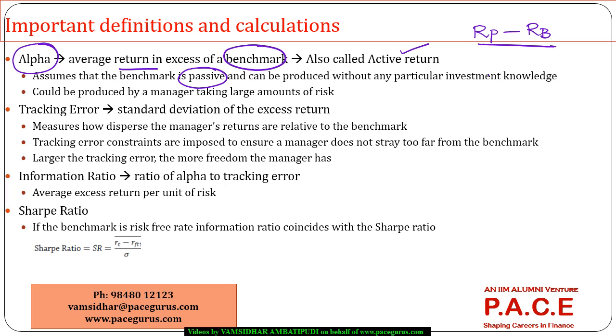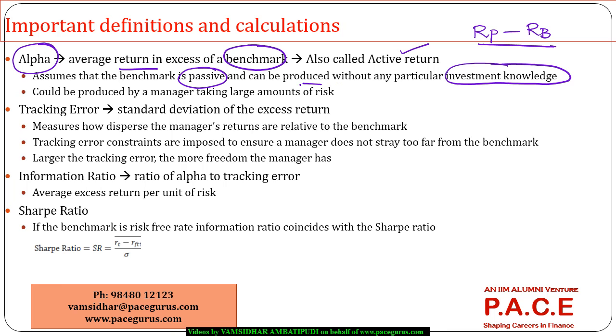So I don't need any kind of particular investment knowledge to replicate the benchmark. So that is what we are calling the benchmark, and corresponding to that benchmark, any portfolio or a security generating a higher return is what is being called alpha.